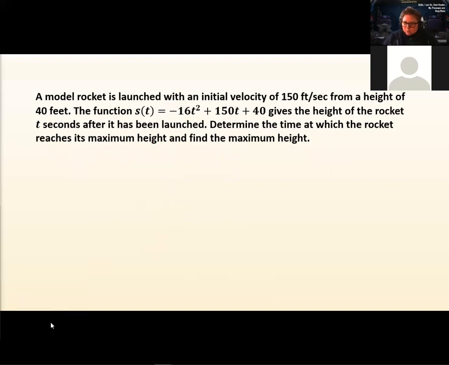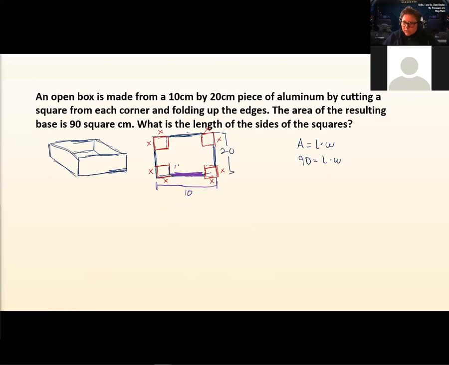But we want to subtract the space that we cut out. How much did we cut out? We cut out an x over here and we cut out an x over here. So how many x's did we cut out? 2. Does that make sense? Yeah. So that means that this would be 10 minus 2x.